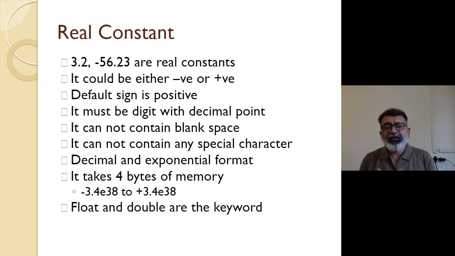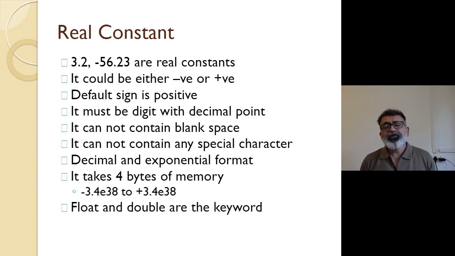There are three or four terms. One is built-in data type or built-in constants, which means the language's own constants. These are also called primary data types, or primitive data types, or primitive constants.